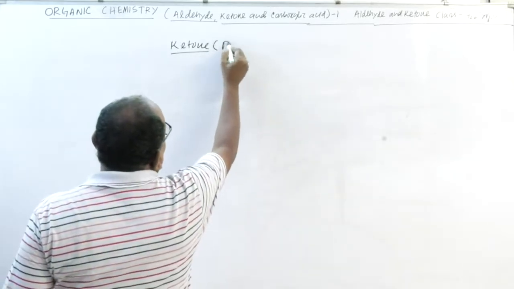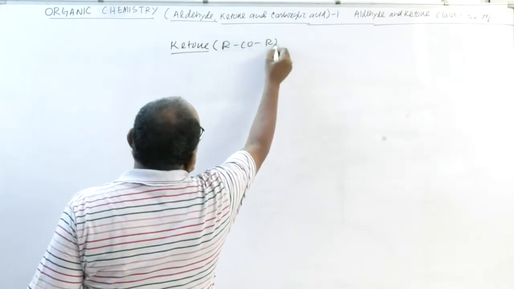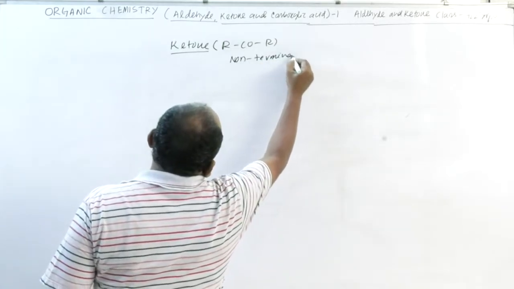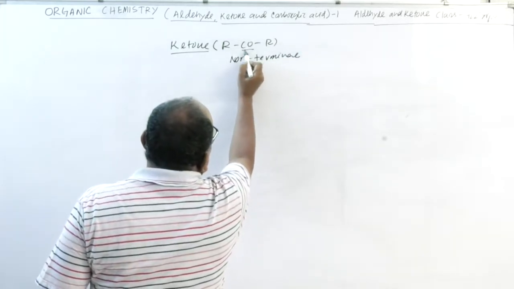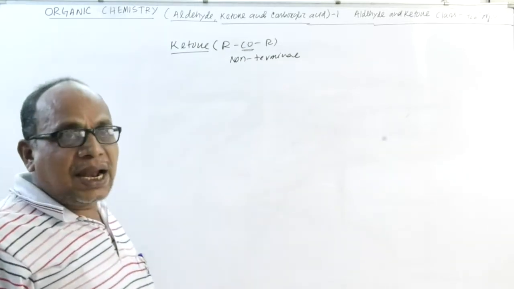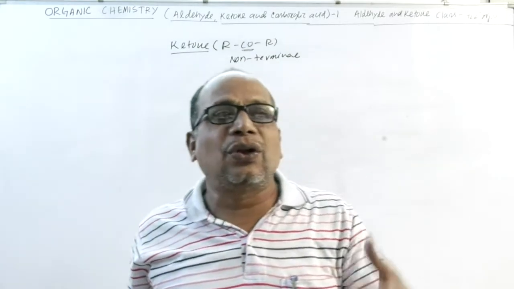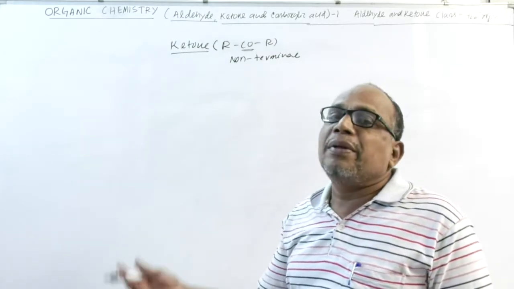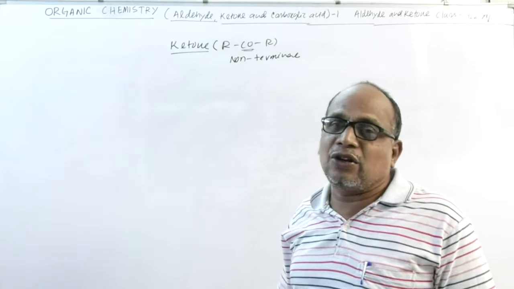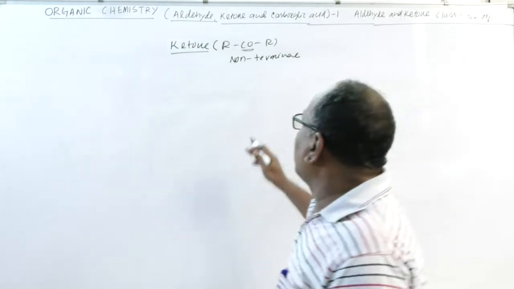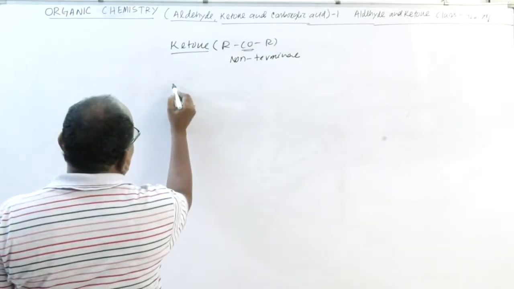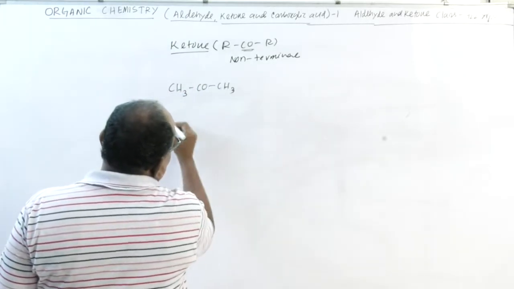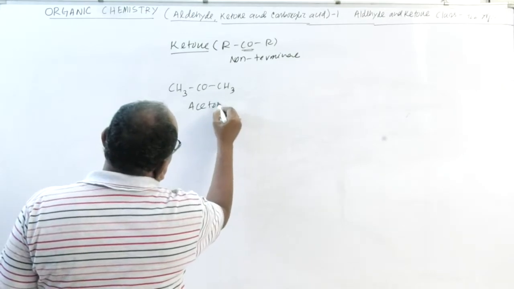The formula is RCOR, and the functional group is non-terminal: it never lies in a terminal position, it always lies within the chain. The best example is CH3COCH3, which is known as acetone.